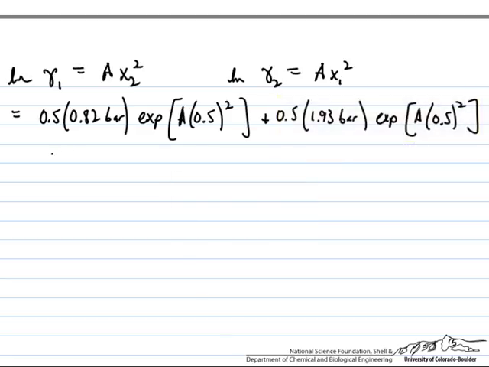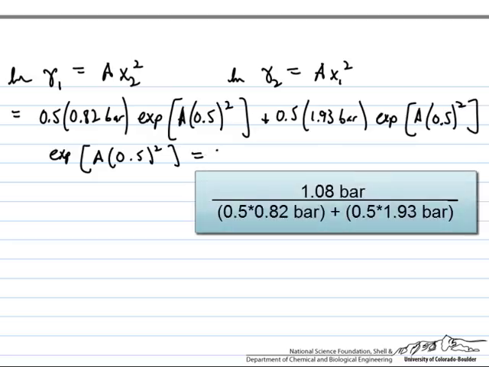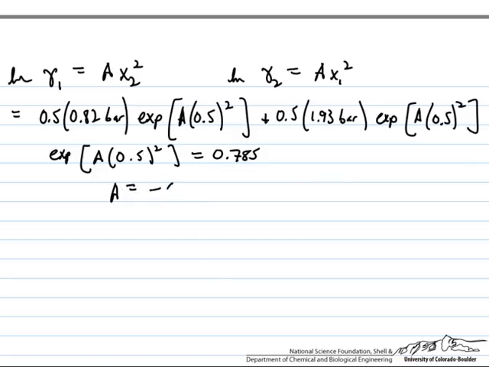We can then use that to collect terms and solve for this exponential term, which shows up twice, exponential of A times 0.5 squared, and that's equal to 0.785. And then we can solve for A, and that is equal to negative 0.97.